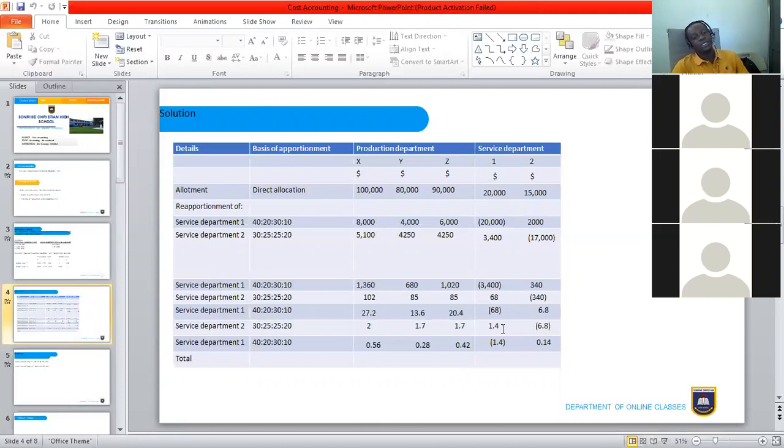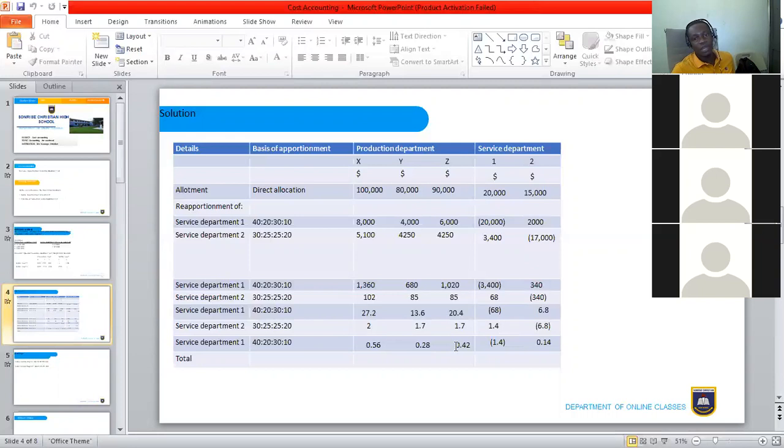You get it? One is significant. So we need to reapportion that figure again. This falls under service department 1, and we already know the percentages that are supposed to be used for the reapportionment for the various departments.